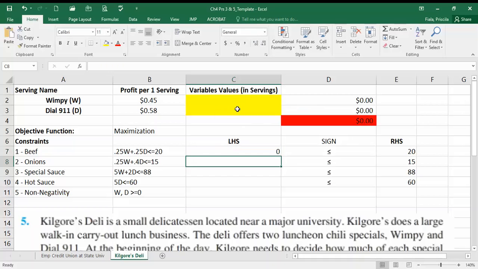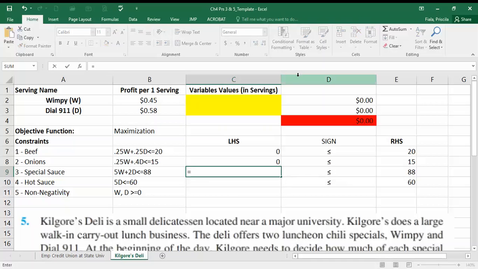So now you're just referring to whatever Solver finds over here, and they're going to multiply by these values. Now for the second one, we have 0.25 times my Wimpy value plus, I'm following this over here, 0.4 times my Dial 911 value.